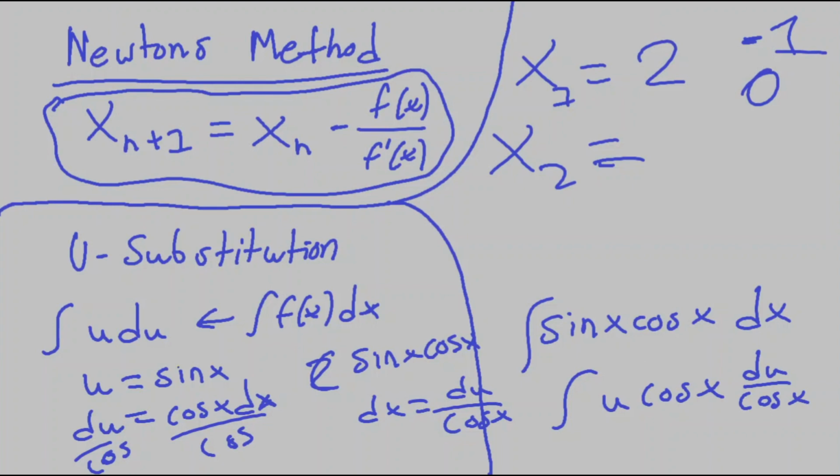And we could see cosine x, we could cancel them out because they're the same on both numerator and denominator. We cross that out, we are left with the integral of u du. So essentially that's your goal when using U substitution. But now you would find the antiderivative of that and then plug in sine of x for u. So that's basically it for U substitution, which is basically an introduction to integration.